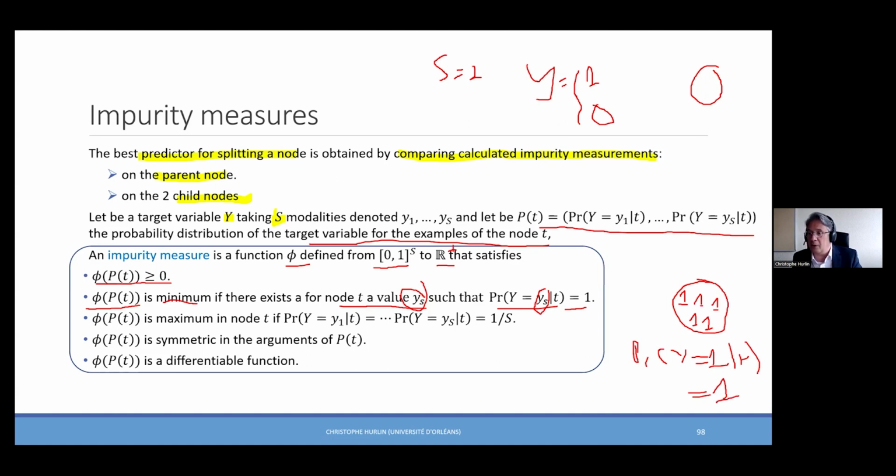It is the same if I have only 0 people. In this case, the node is pure in the sense that there is no mixture between 0 and 1, and then the impurity measure is minimum.